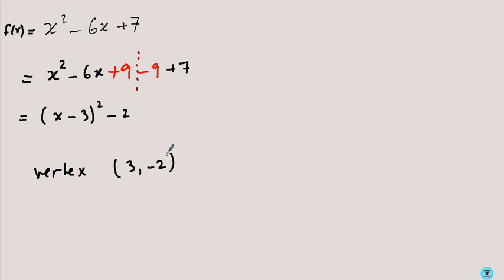Let's take another example. Let's say that f of x was 2x squared minus 12x plus 5. Again, what we do is we consider the first two terms.